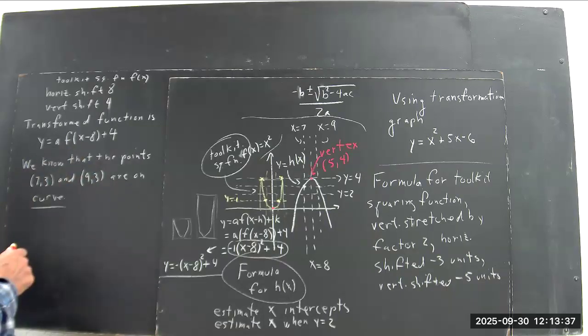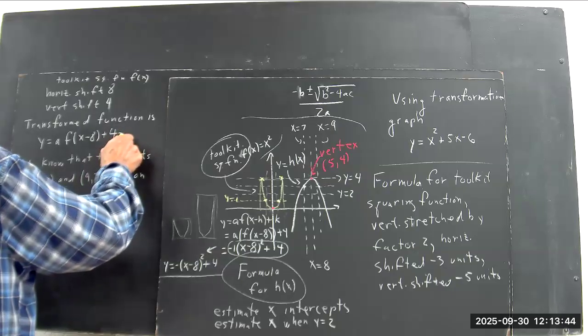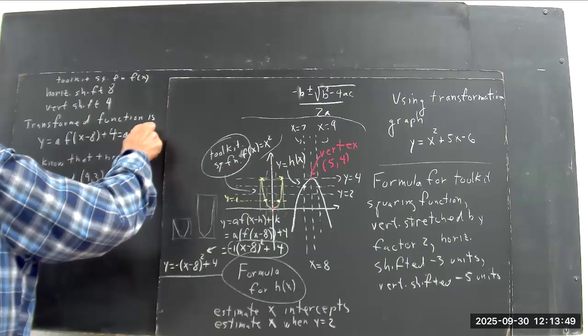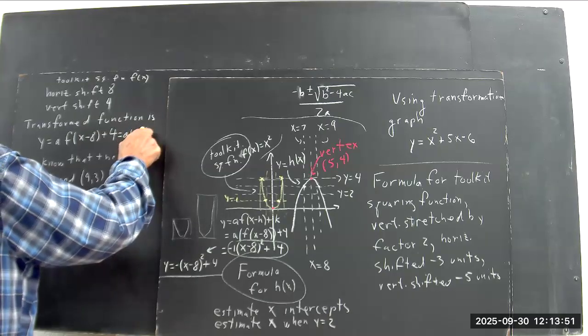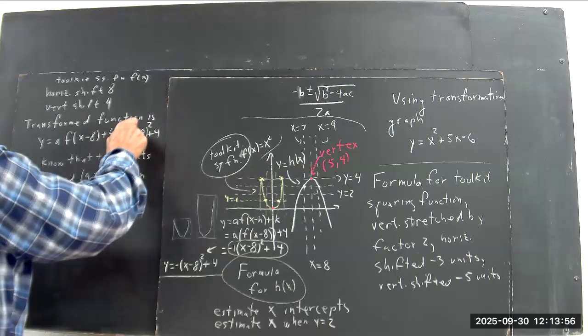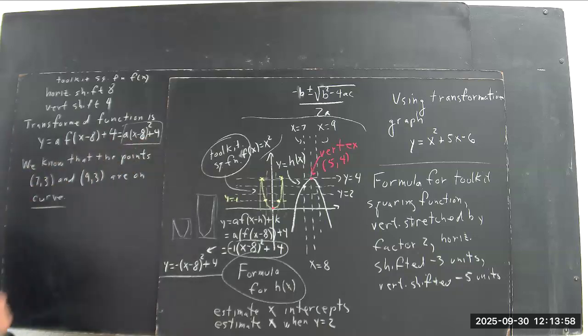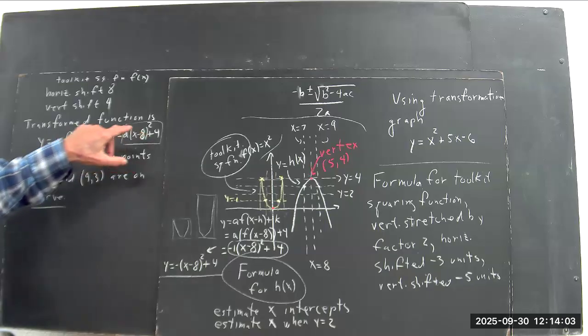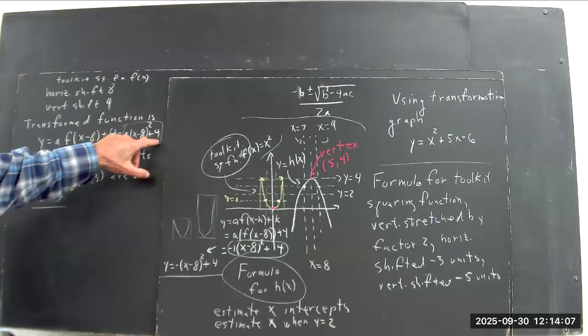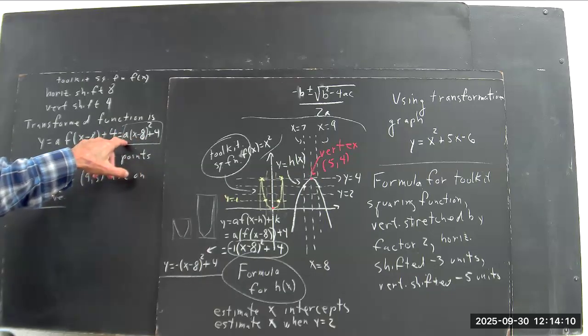The only thing we don't know in this function is a. x is 8, h is 8, k is 4. The function is y equals a times (x minus 8) squared plus 4. We just don't know what a is.